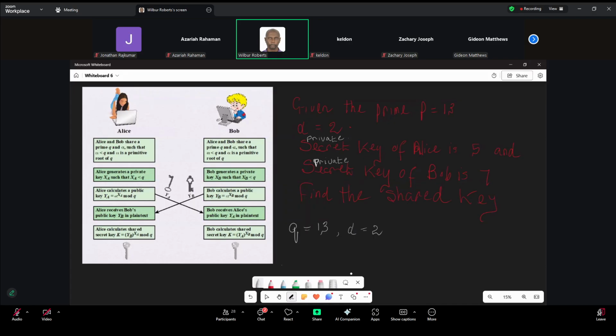So Alice generates a private key, which is the same as secret key here, so you all could just substitute. It might seem a little strange as you're doing it the first time, but this question is just to work your faculties at a certain level. That's all it's about.